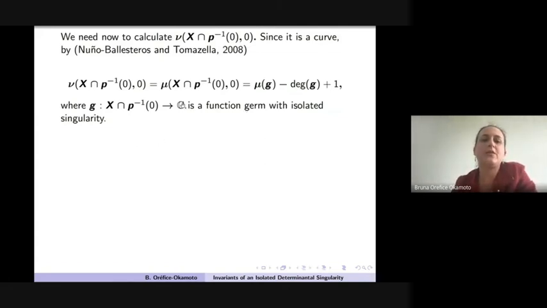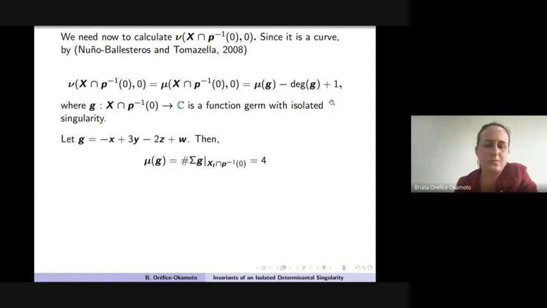Well, then in order to calculate this, I will calculate these things here. I pick a g, then the Milnor number of g is equal to the number of singular points here, which I used Mathematica to calculate, it's equal to 4. And the degree of g is the cardinality of the inverse image of a generic value, which I computed with Mathematica.